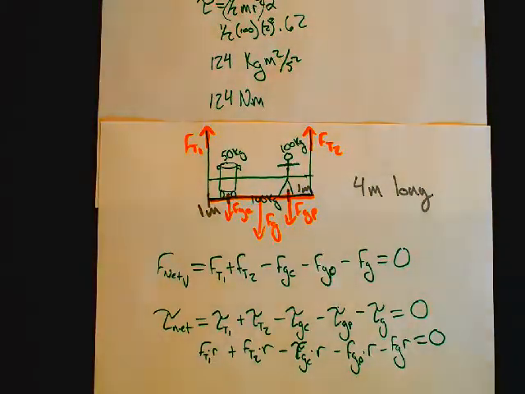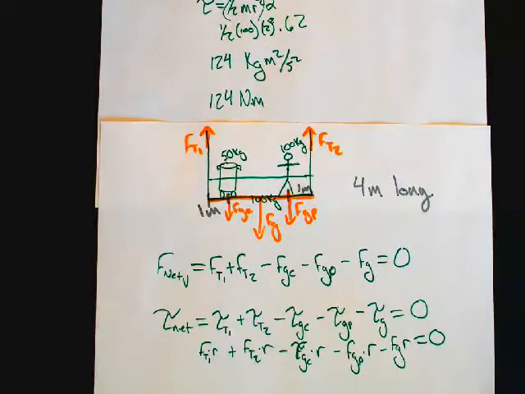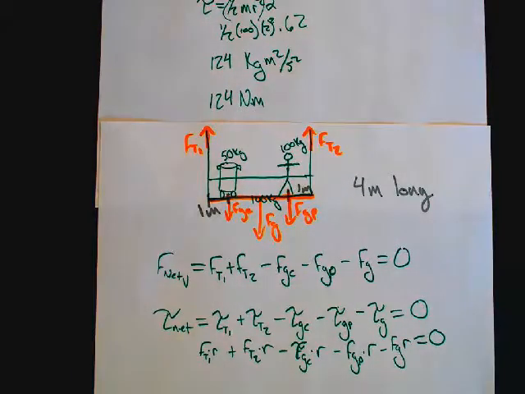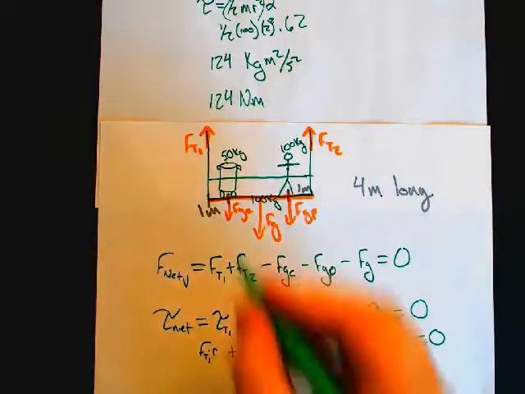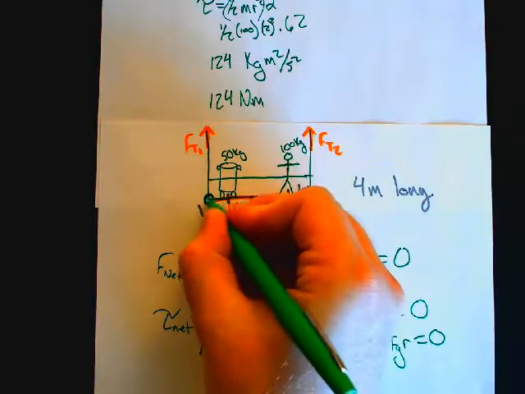So where would be an ideal spot to say the axis of rotation is? Well, if it's rotating around the center, then I still have two unknowns to solve for. Pick one of the ends. I'm going to pick one of the ends because then what's the radius to that force tension? 0. So I'm going to place my axis of rotation right here.